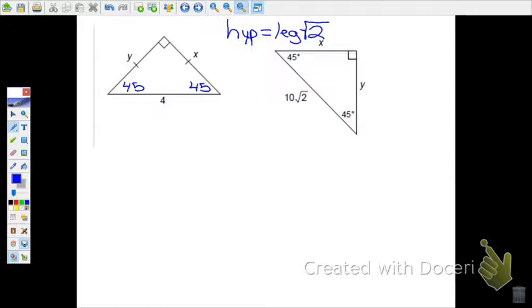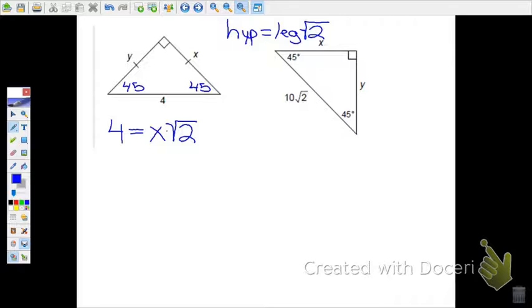I just need to plug things in. So in place of hypotenuse, I'm putting 4 equals, in place of the leg, I can use either variable. I'll use x. And then I have times square root of 2. So I want to get that x all by itself.